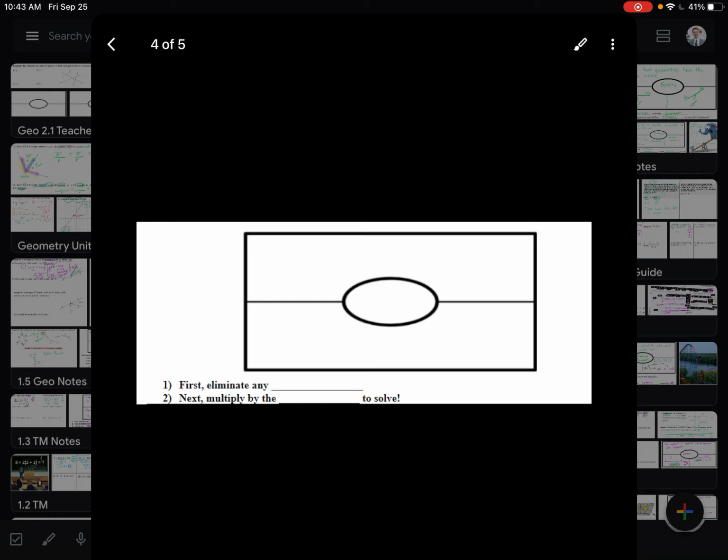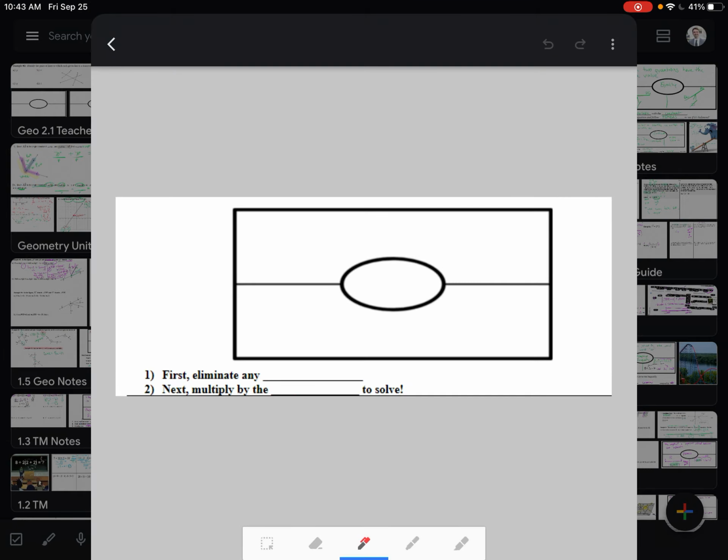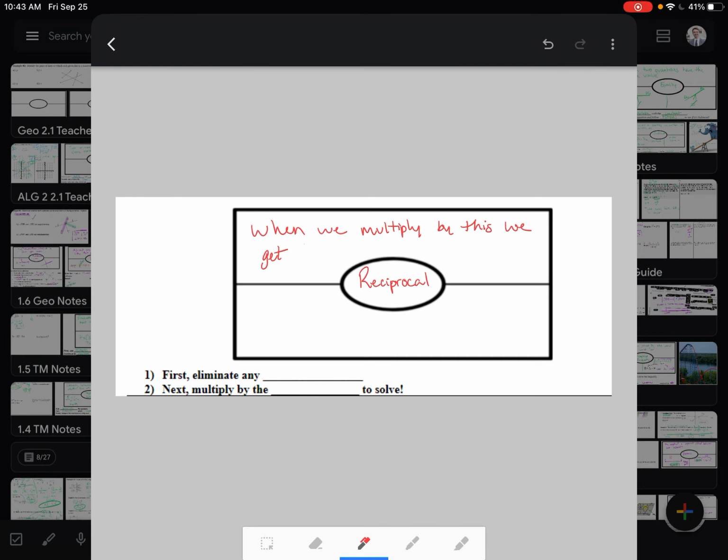So our first definition for today is reciprocal. We might have seen this in a few different math contexts, but the idea is that when we multiply by this, we get 1. No matter what term it is, if we multiply by the reciprocal, we get 1.